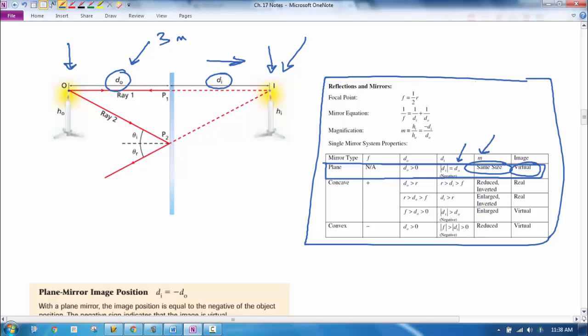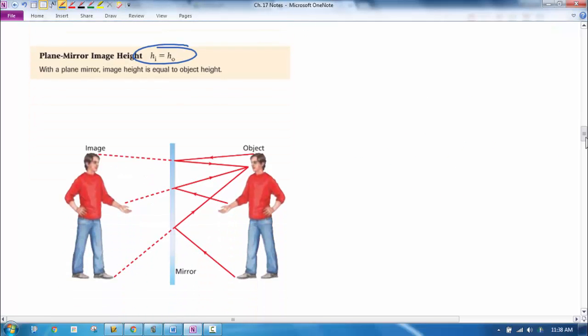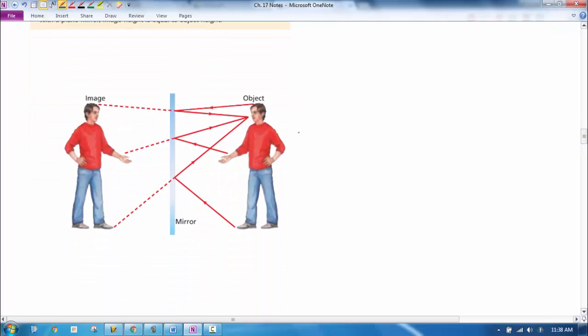And the image is going to be virtual. It's called virtual because it's on the other side of the mirror, so we're not actually seeing this image. It's a virtual image on the other side of the mirror. So here are the properties that I just gave you on that formula sheet. The orientation is going to be changed, and you can see that if you look in the mirror. I'm sure you notice that left looks right and vice versa.